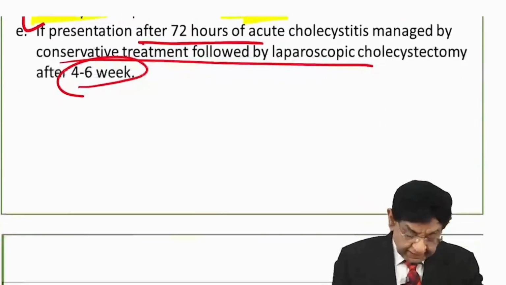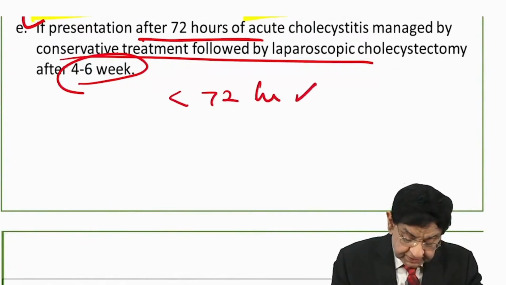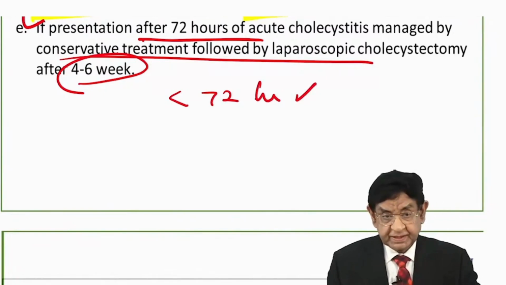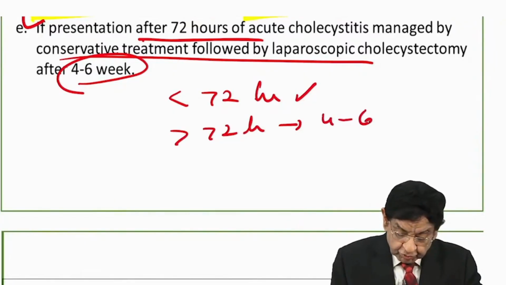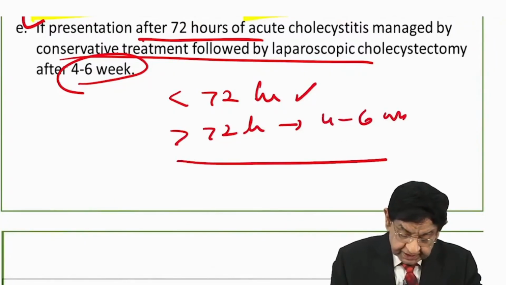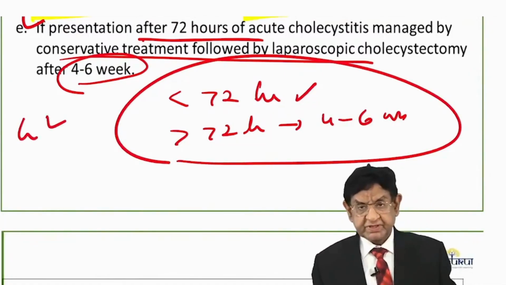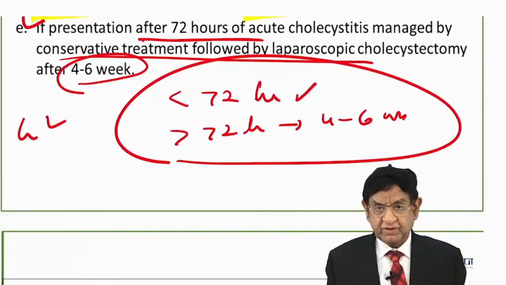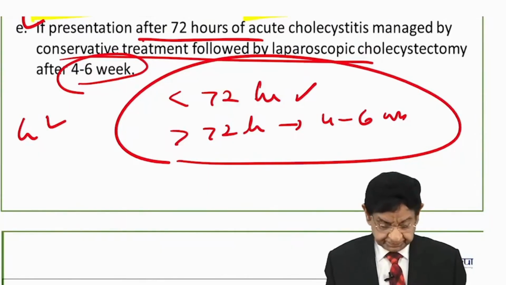So the golden line to remember: within 72 hours, do it immediately. But if the patient comes after 72 hours, then give antibiotics and do surgery 4 to 6 weeks later.